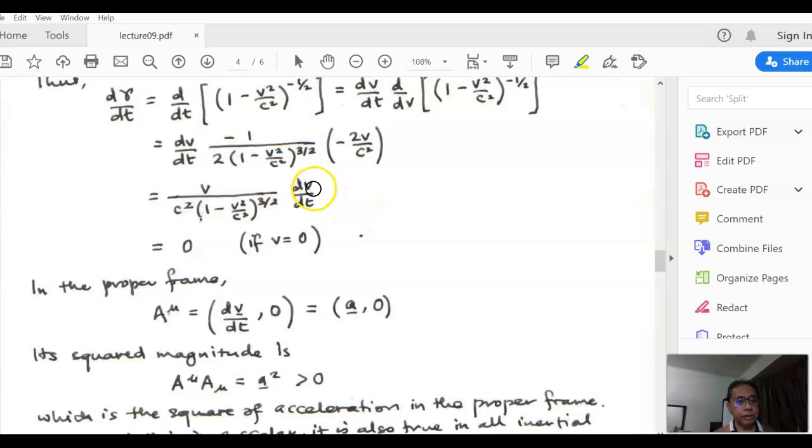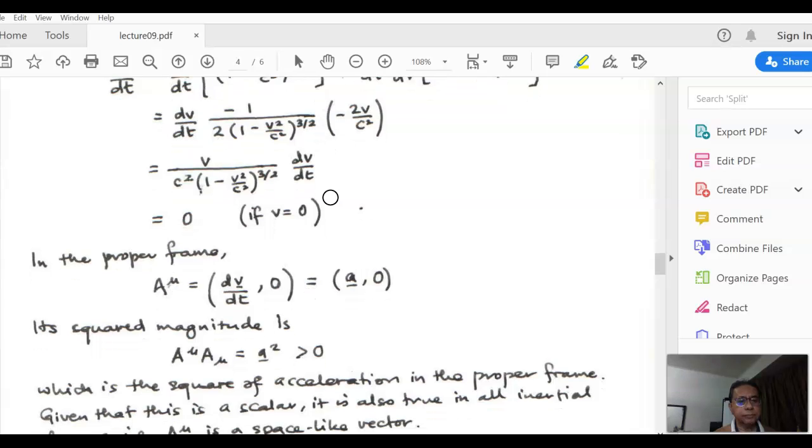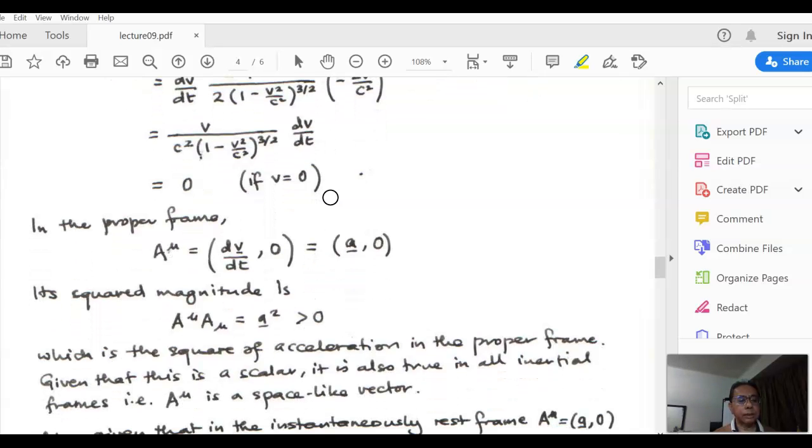But if v is actually constant, you can still get 0. If it's accelerating, then you can see that it gives you a non-zero value. The point here is that this is only true in the proper frame.